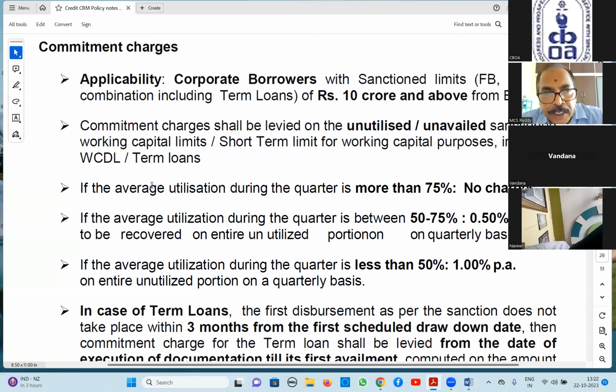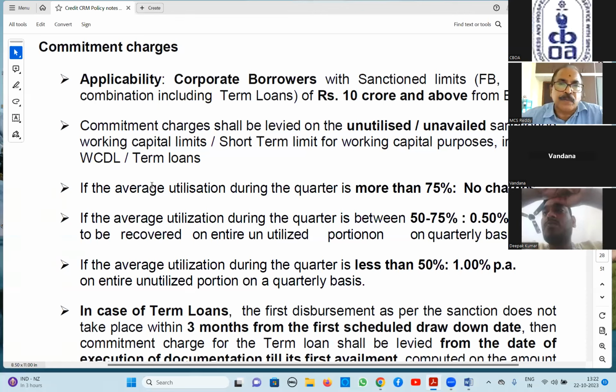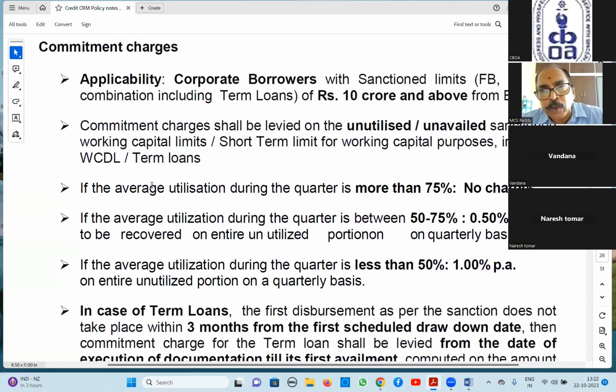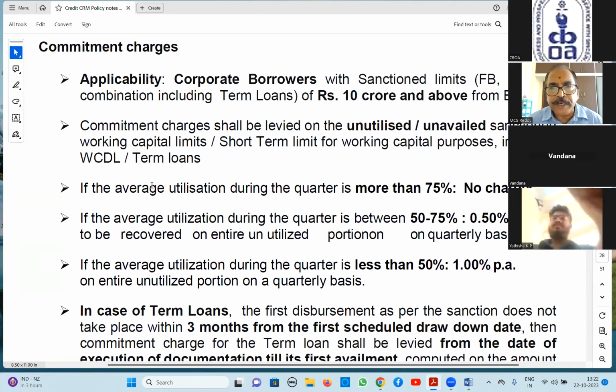So here commitment charges are applicable for corporate borrowers with sanctioned limits, fund-based, non-fund-based or combination of both, 10 crores and above. Corporate borrowers enjoying 10 crores and above limits, for them these commitment charges are applicable. These charges will be levied on unutilized or unavailed sanctioned limits only, either working capital, short-term or term loans, whatever it is.